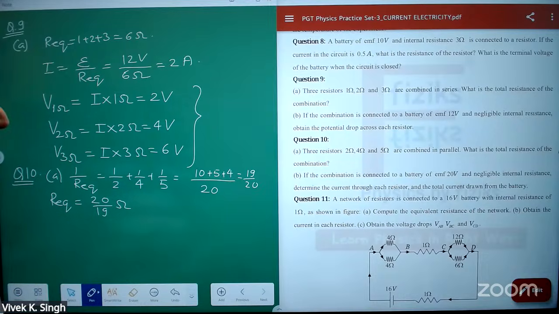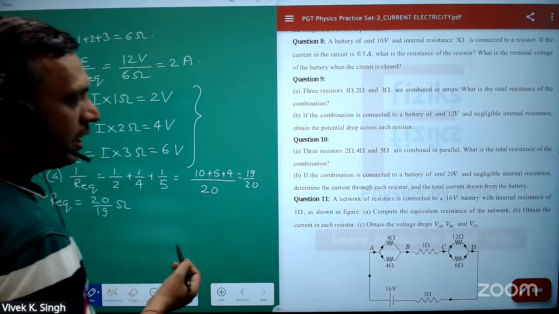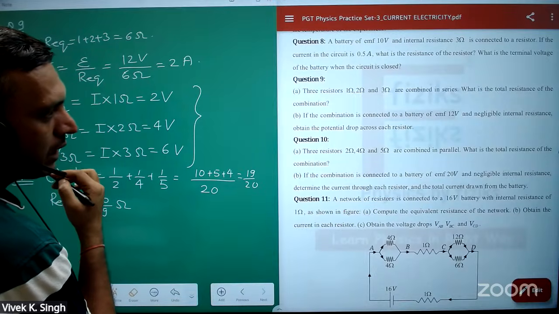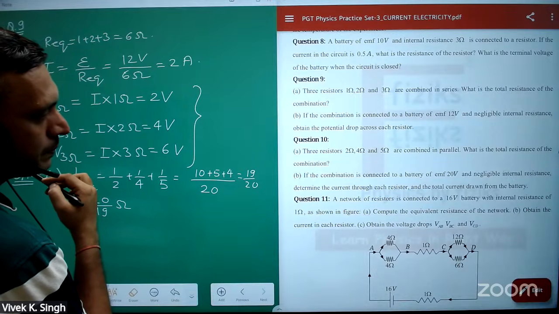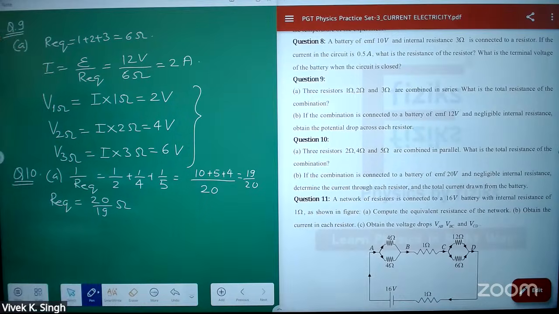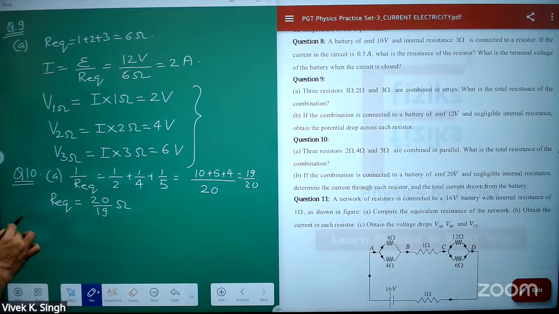If the combination is connected with a 20 volt EMF, negligible internal resistance, determine the current through each resistor and the total current drawn from the battery. So first part is the equivalent resistance. In B, what will be current through 2 ohm resistor?